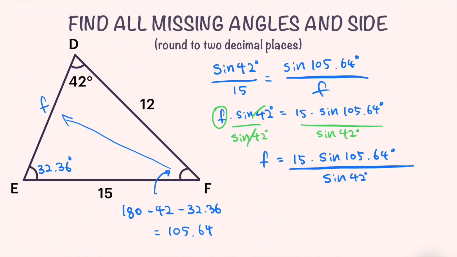And if you plug this into your calculator, you'll find that F is equal to 21.59. And we can write that here, 21.59. And this is how you can use the sine law to find the missing angle and the sides.